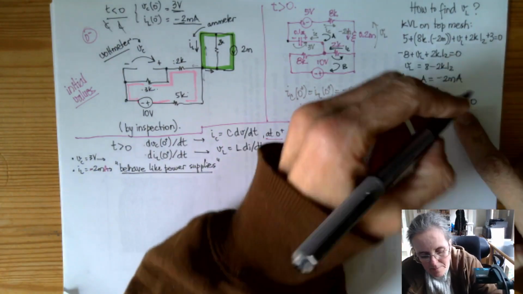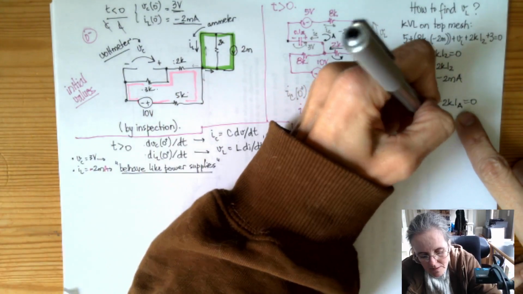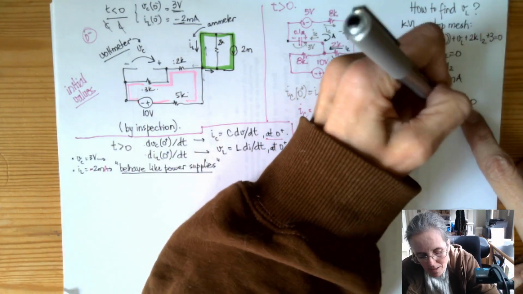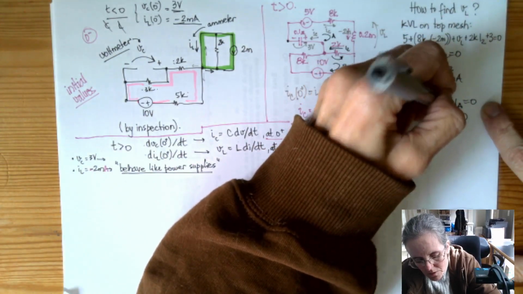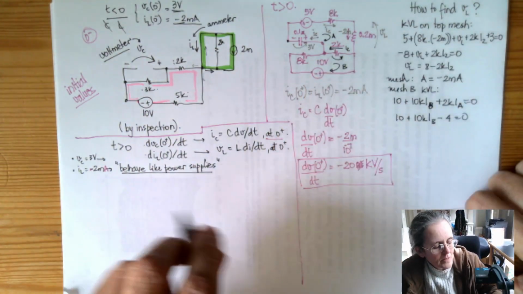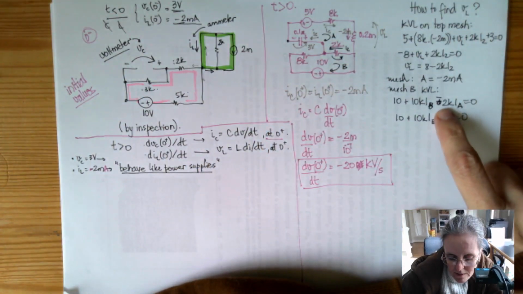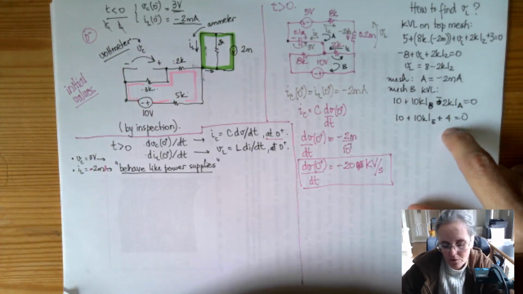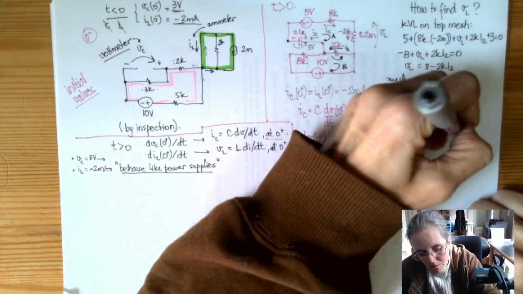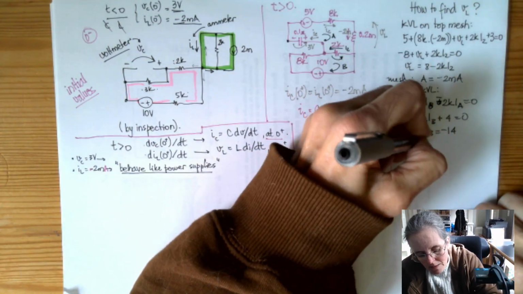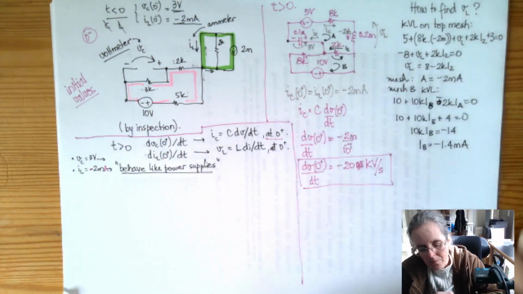But I know IA, so it's 10 volts plus 10K IB minus 2K times minus 2 milli equals 0. Minus 2K times minus 2 milli is plus 4. So 10K IB is minus 14, and therefore IB is minus 1.4 milliamps.